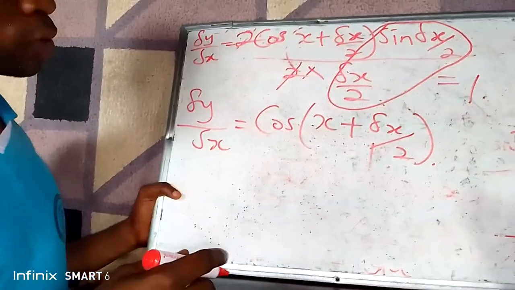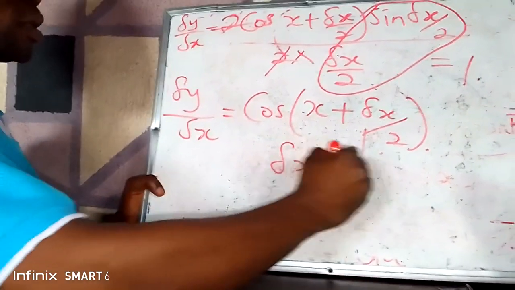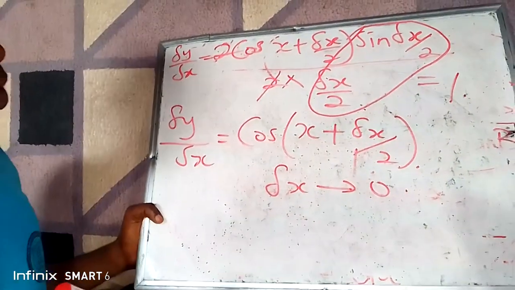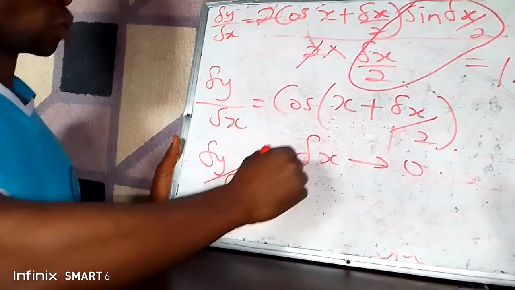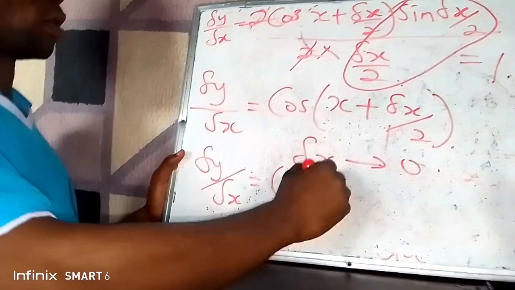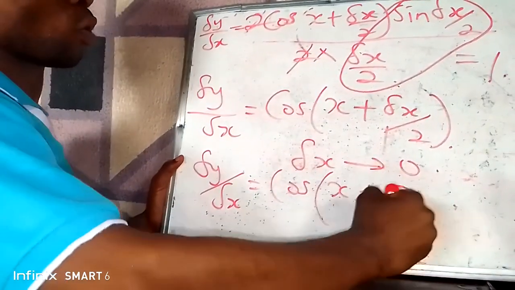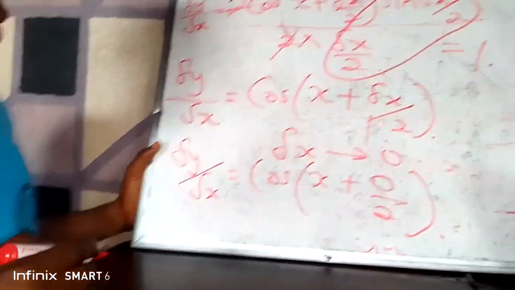Do not forget, when you are doing this, you say dx tends to 0. When dx tends to 0, that means dy dx equals cos of x plus 0 all over 2.